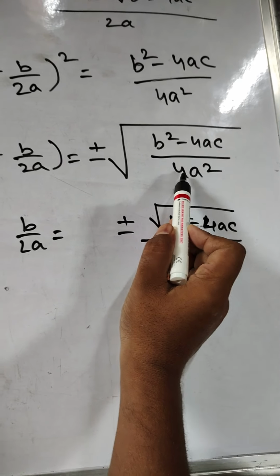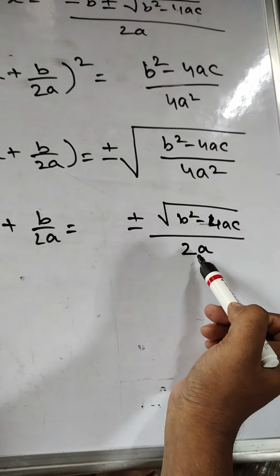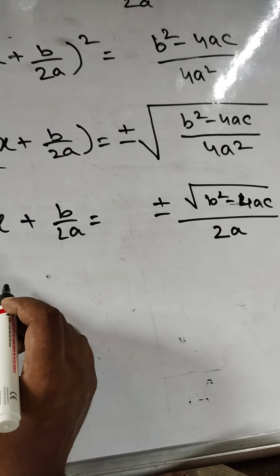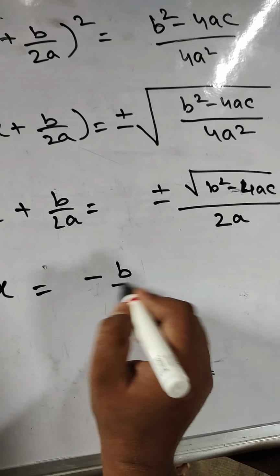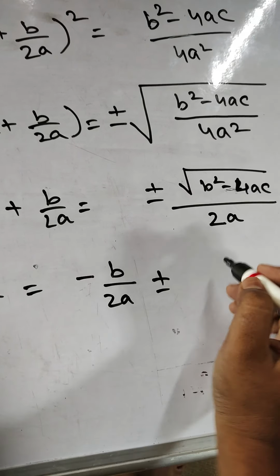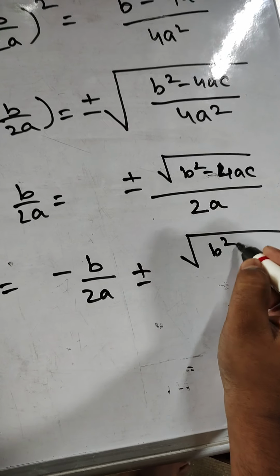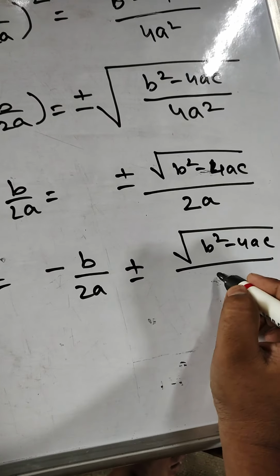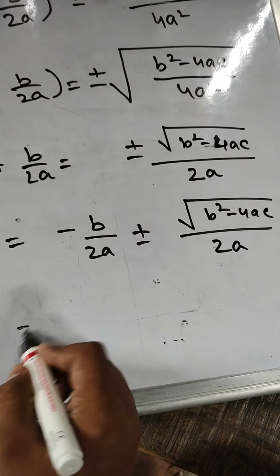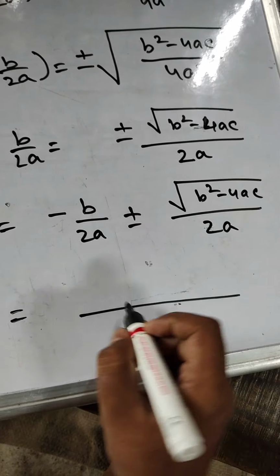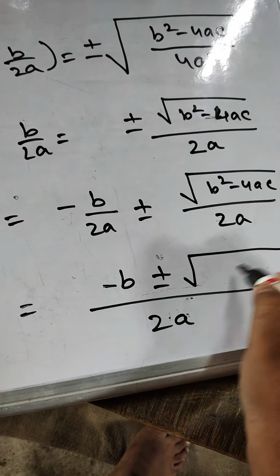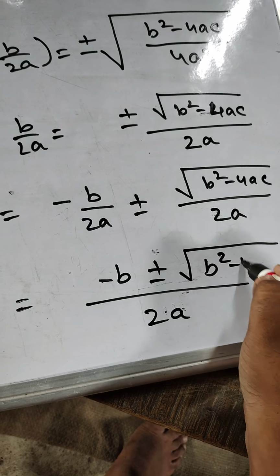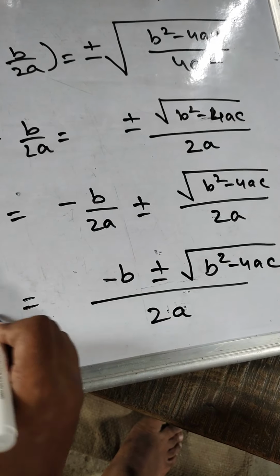Root under 4 is equal to 2 and root of a square equals a, so 2a. Minus b by 2a plus minus root under b square minus 4ac by 2a, so minus b plus minus root under b square minus 4ac.